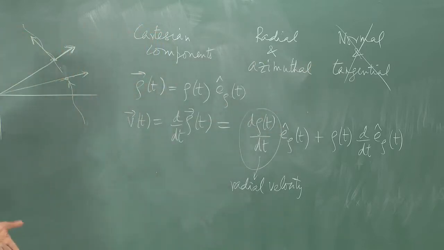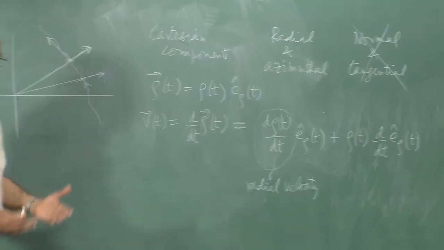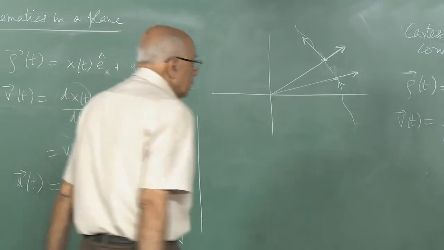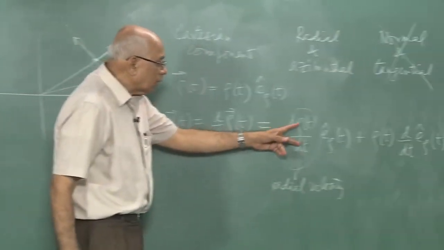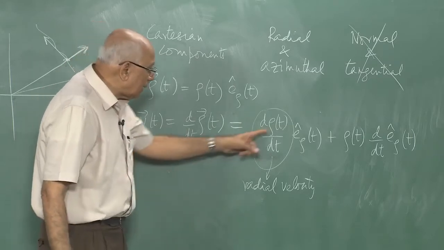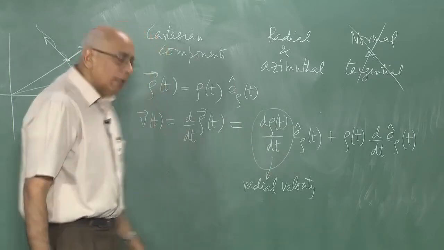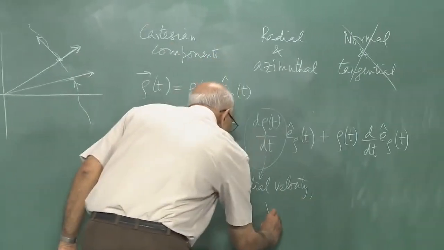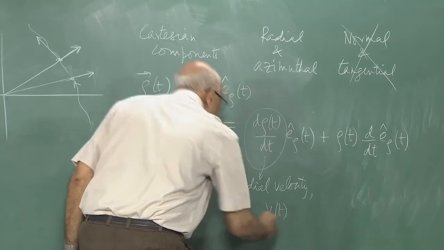It could be positive or negative. The distance could be increasing as a function of time or decreasing as a function of time. Increasing would mean this is positive instantaneously, decreasing means it is negative instantaneously, but that is the radial velocity. And in analogy with what we have here, I should really call it V subscript rho of t.